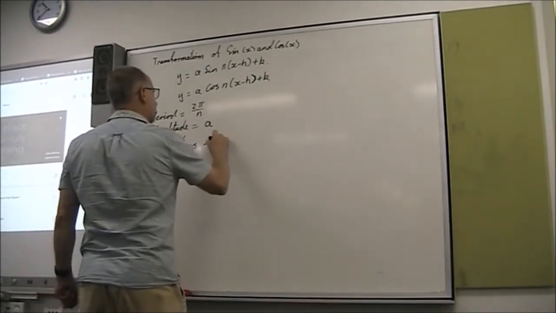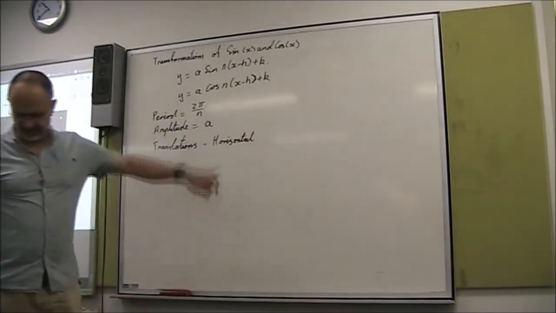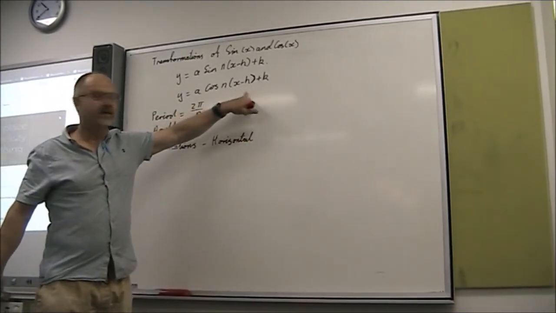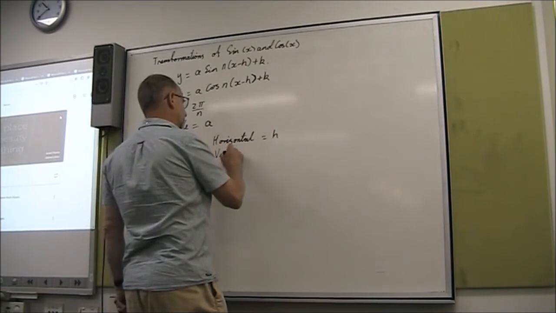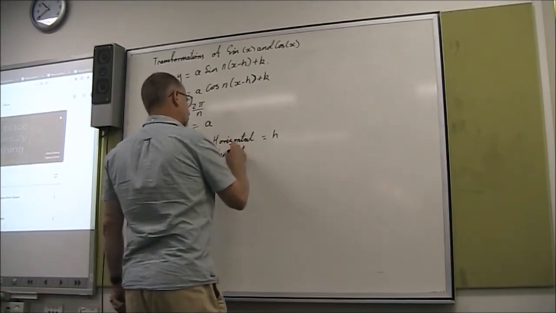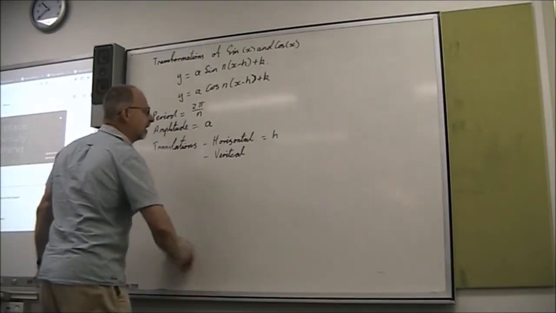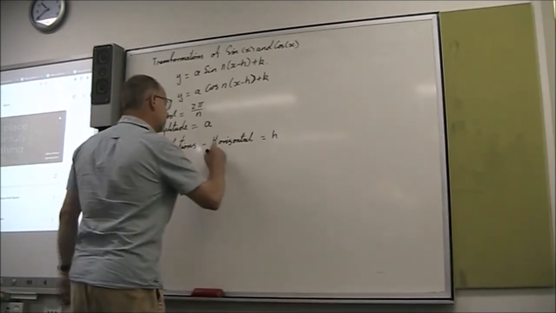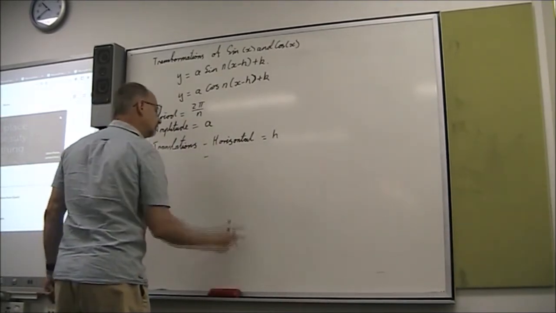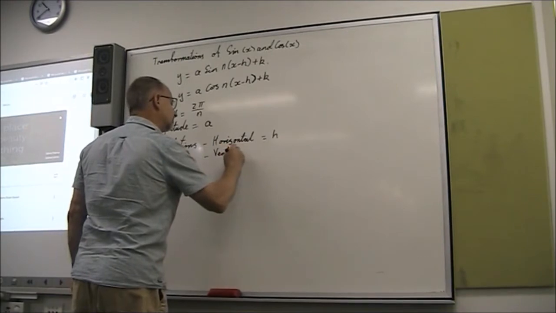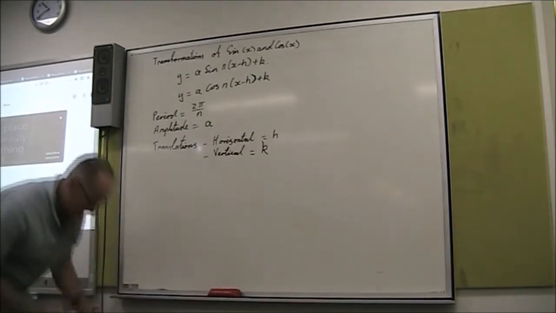So a horizontal translation is in the X direction, so that's this number here connected with the X. And in our vertical direction is our K.